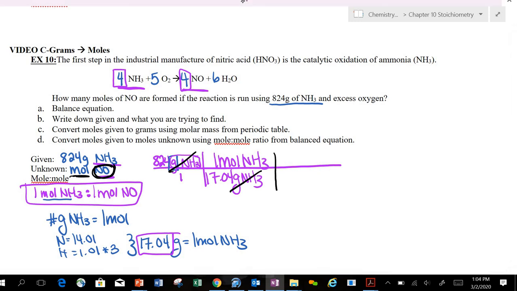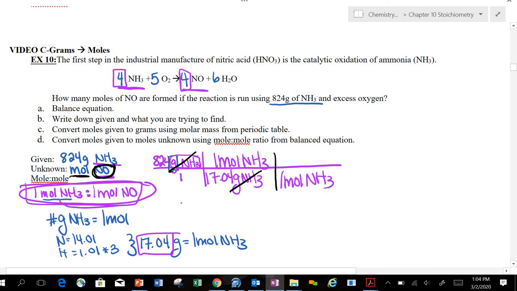And now we can plug in our mole to mole ratio. Here's our mole to mole ratio right here. We're trying to cancel out moles of NH3, so we want to put the 1 mole of NH3 there, which means the other portion goes on the top. So that means the 1 mole of NO goes on top.